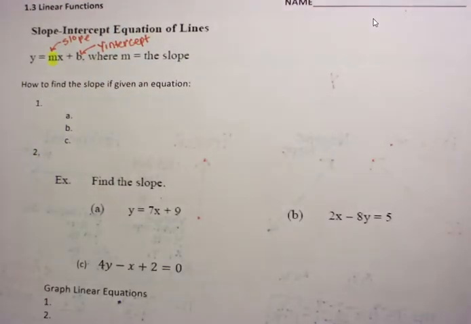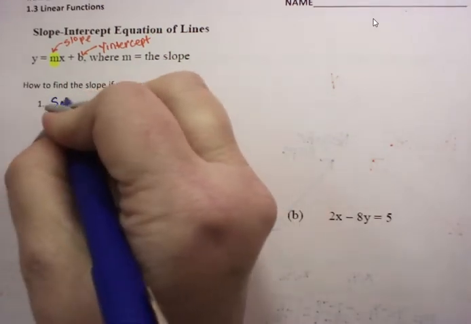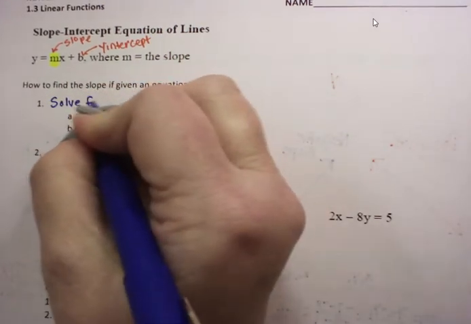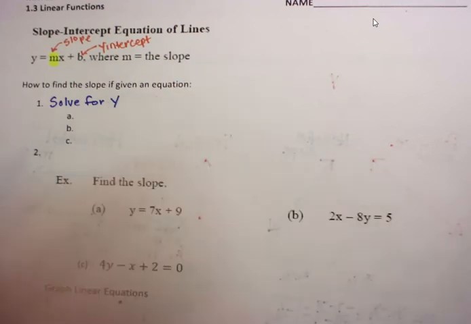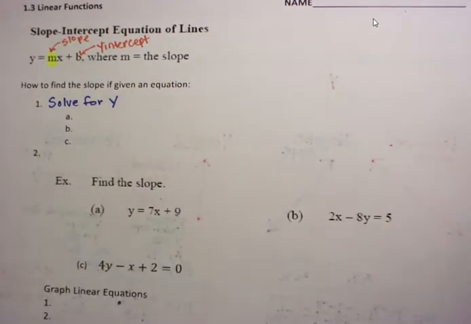All right, now, the steps that they like for you to use to find the slope-intercept equation of the line. Step 1, they want you to solve for y. Now, I'm going to give you the specific steps that they want you to use.